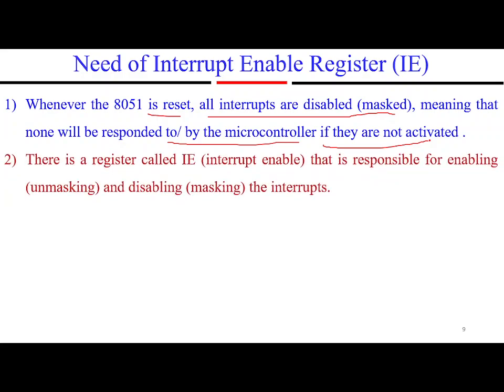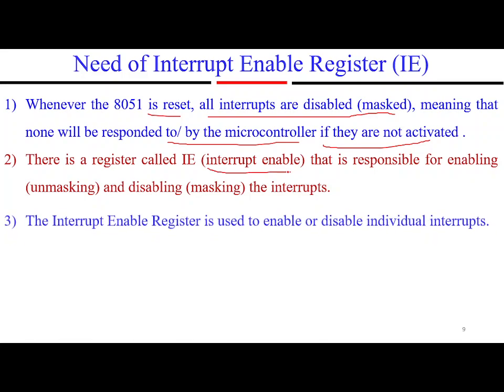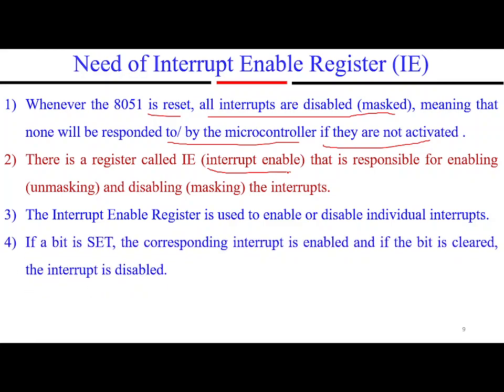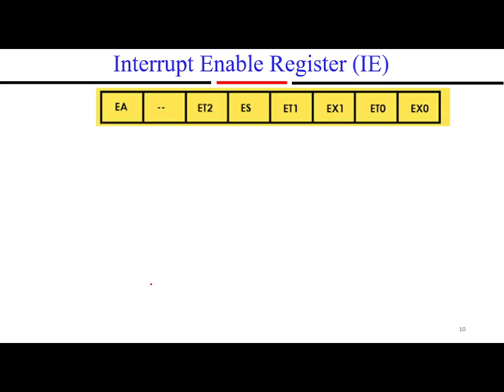To activate or deactivate them as per our need, we use a register called the interrupt enable register, IE. It is used to enable or disable individual interrupts. If the bit is set, then the corresponding interrupt is enabled, and if the bit is cleared or 0, then the corresponding interrupt is disabled.